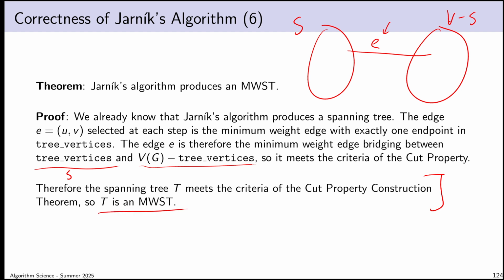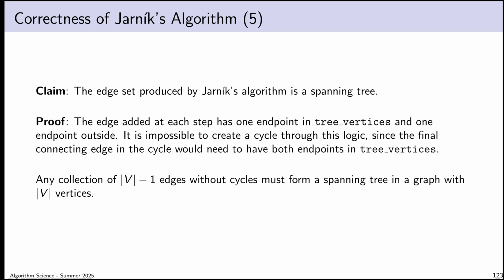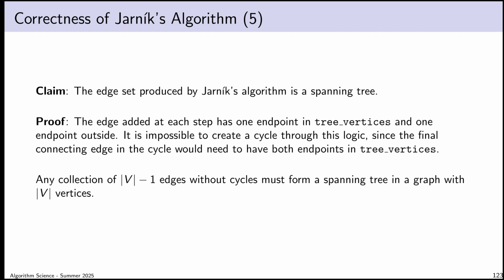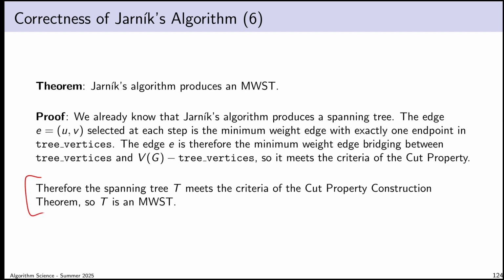Now, looking back over these past two slides, these two things comprise a proof of correctness of Jarník's algorithm. Basically what they do is they offload most of the heavy lifting onto the cut property construction theorem. All I really have to show is that I do not add any cycles, which is relatively easy to show, and in the next two algorithms it's going to be equally as easy to show. The proof is pretty much the same, and then I just have to demonstrate that what I do at each step to choose an edge meets the criteria of the cut property.